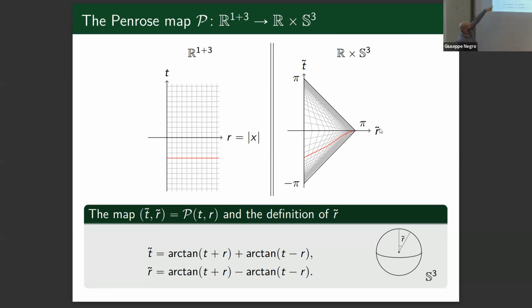What is the geometry of this map? Well, you can say it takes the space-time and squishes it into this triangle-shaped region. Horizontal lines get mapped to these horizontal lines. Most importantly, what I want to highlight is that when you do the initial value problem, you pose your initial data here.